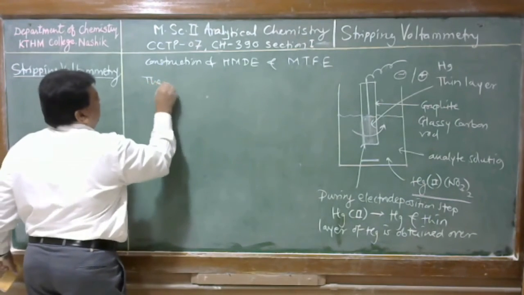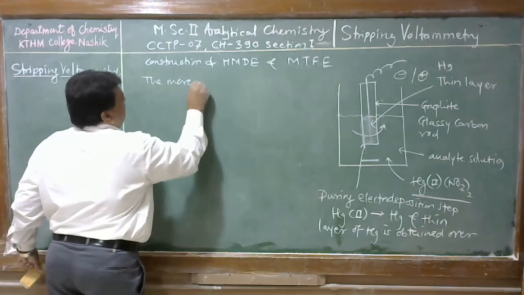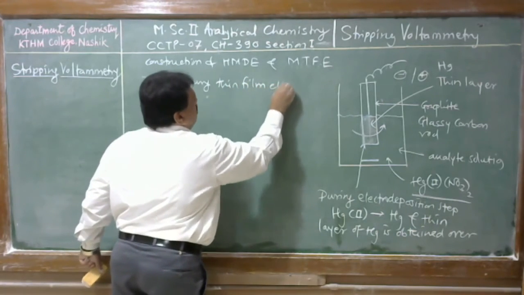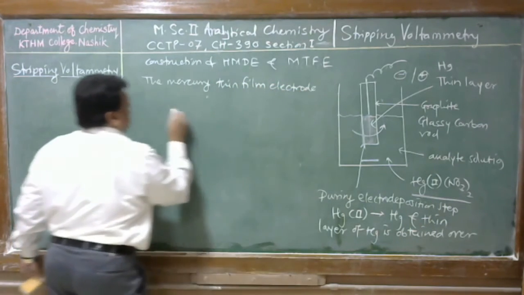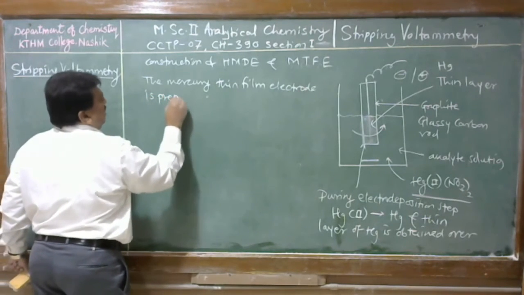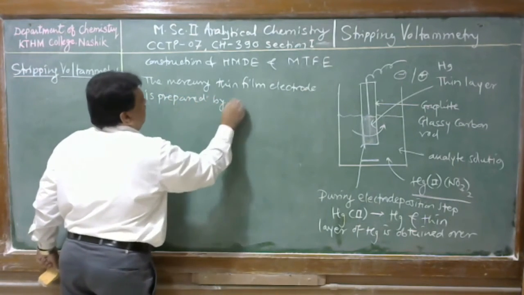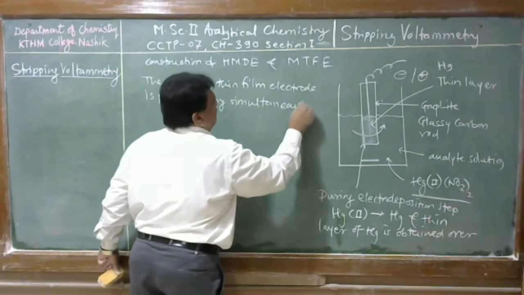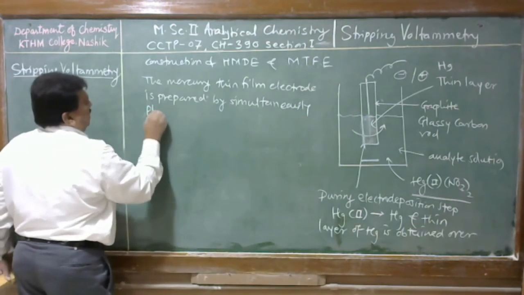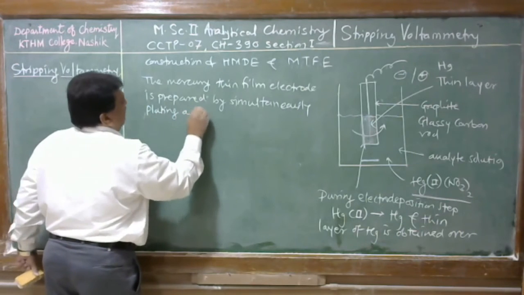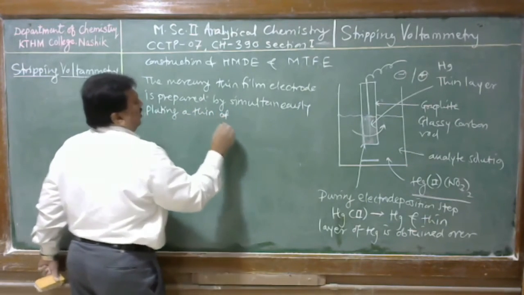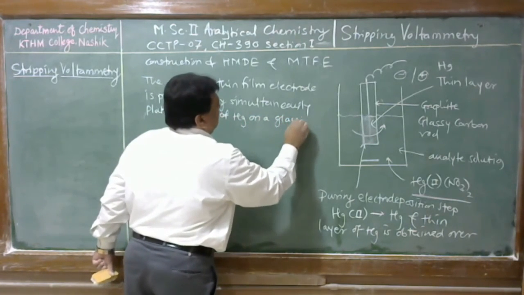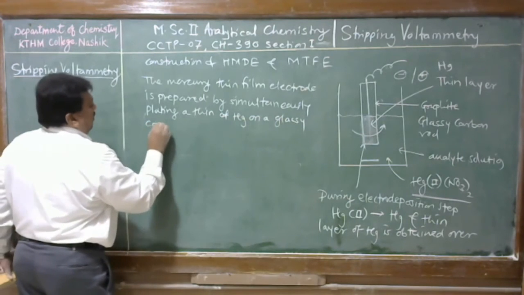The mercury thin film electrode is prepared by simultaneously plating a thin film of Hg on a glassy carbon.